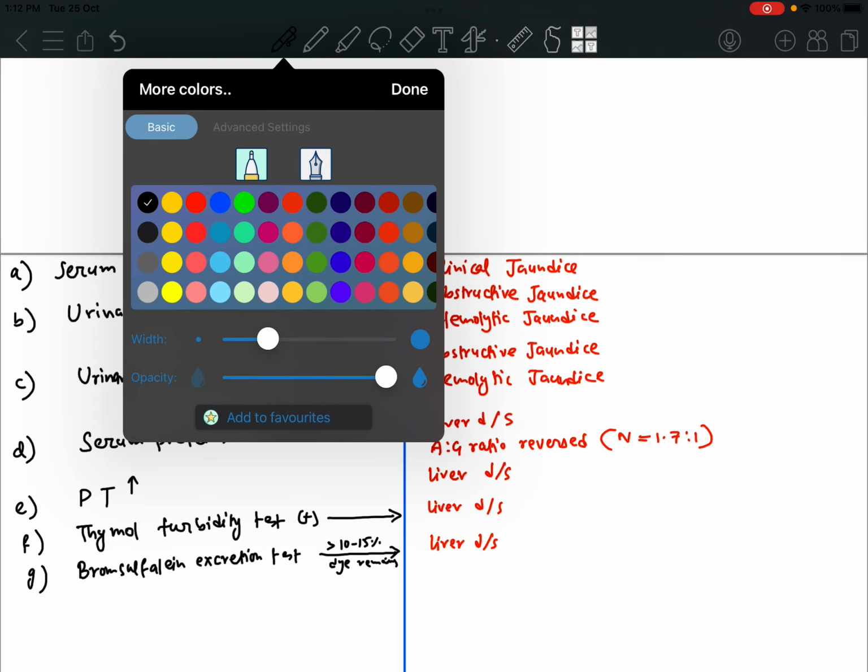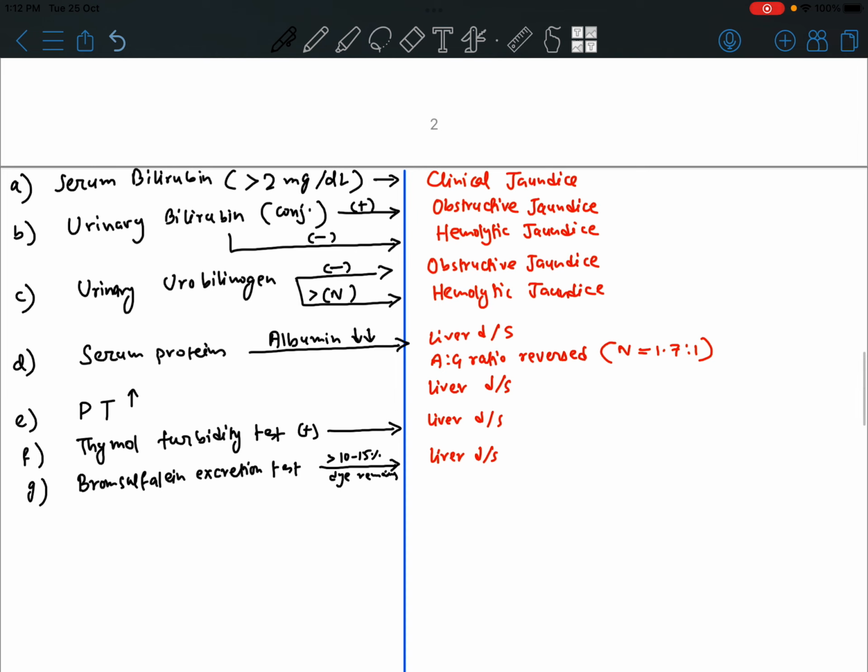Okay, next let us talk about what? The enzymes, right? Serum enzymes. Alkaline phosphatase, as said before, if it increases, it's suggestive of obstructive jaundice.